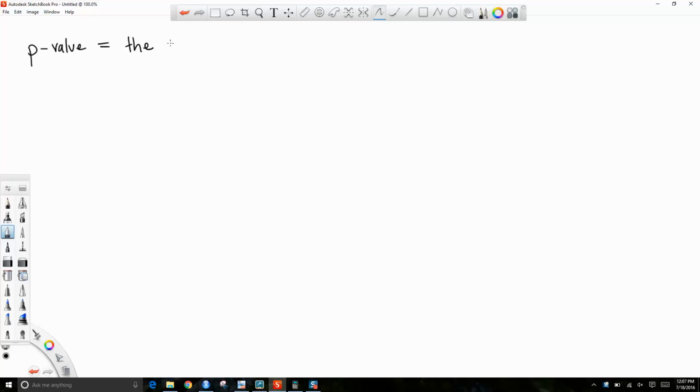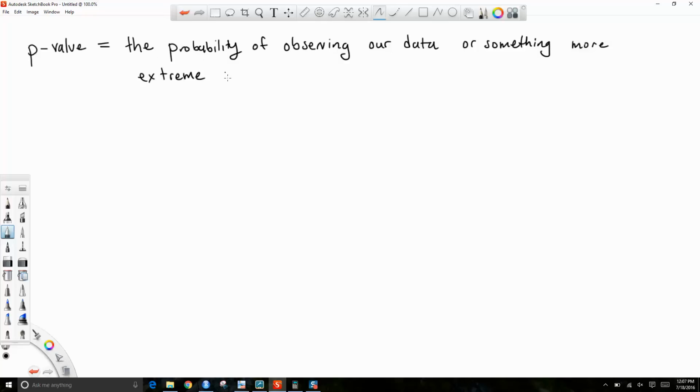So the p-value is the probability of observing our data, and we also write or something more extreme, if we assume the null hypothesis is true.